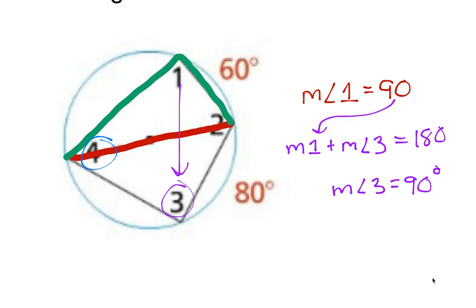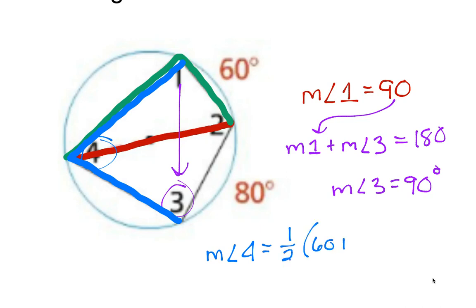All right, let's look at 4. For the inscribed angle, the measure of angle 4 equals 1/2 of 60 plus 80. So that's 70 degrees.